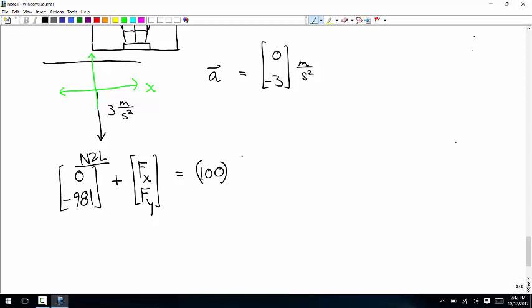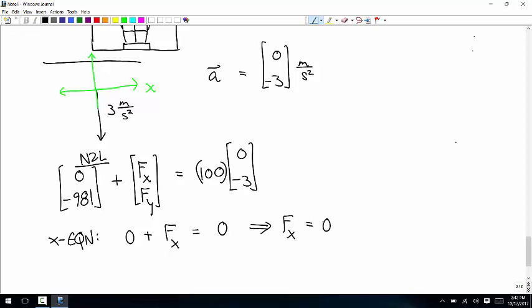And his acceleration this time is 0, negative 3. So the x equation says the same thing it did before. 0 plus Fx is equal to 100 times 0, which is 0. And so Fx is equal to 0.